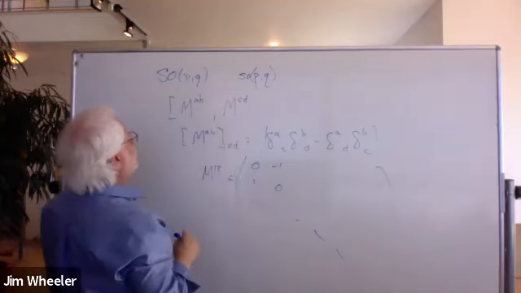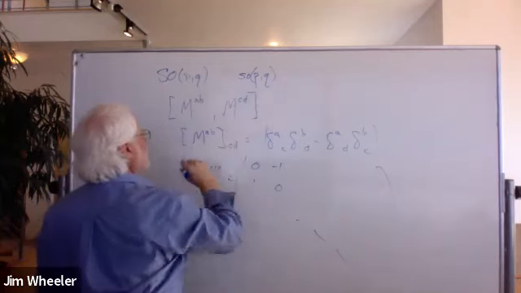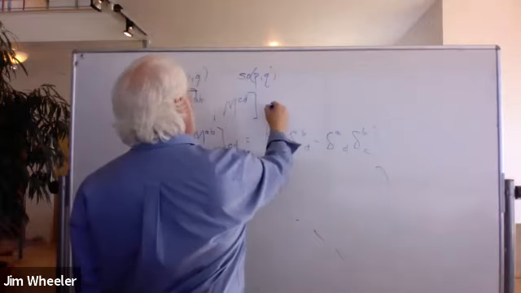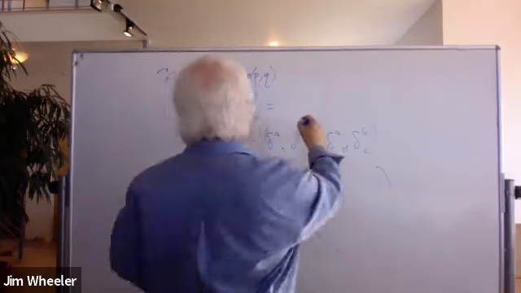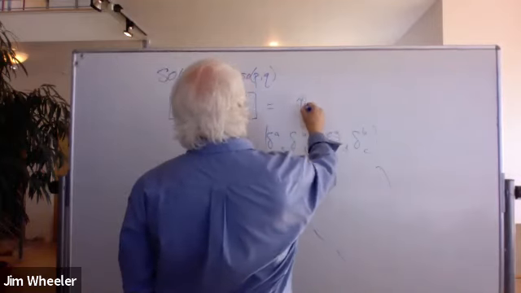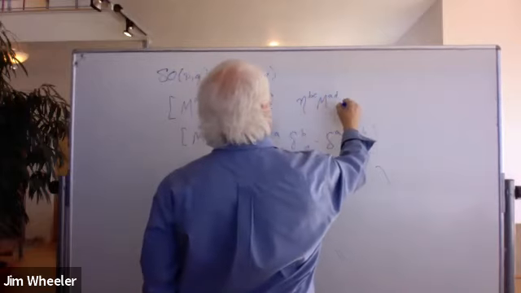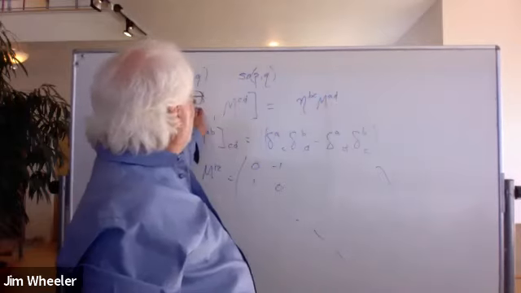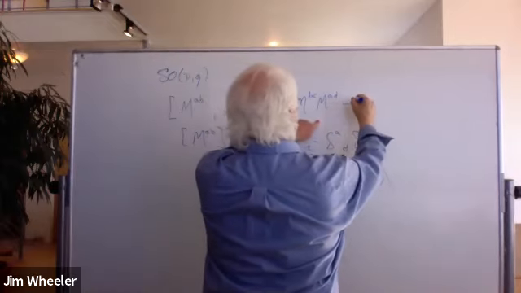I'm trying to think which way I want to write this. I'll just do it this way. There's an arbitrary constant here because I can rescale these guys. But what you get is A to BC MAD. And it's got to be anti-symmetric on AB and on CD. So just do that over here and you'll get the right thing.